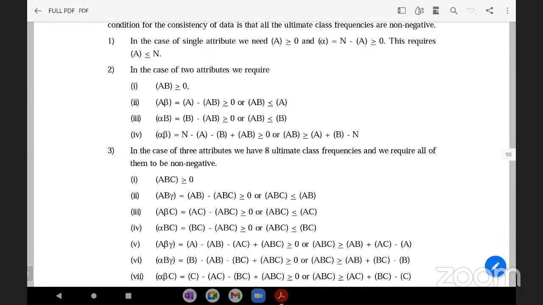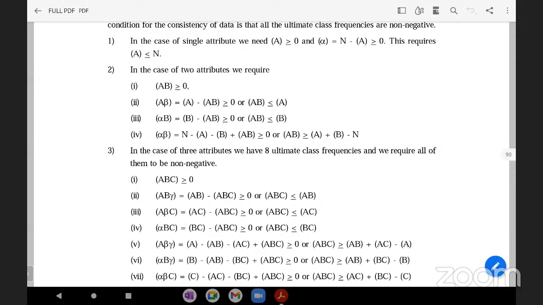Here I clearly mentioned it is a non-negative condition; the sufficient condition must be satisfied. Then it comes to the second condition for consistency. I'm checking first order, which is a single class frequency, mentioned in point 1.